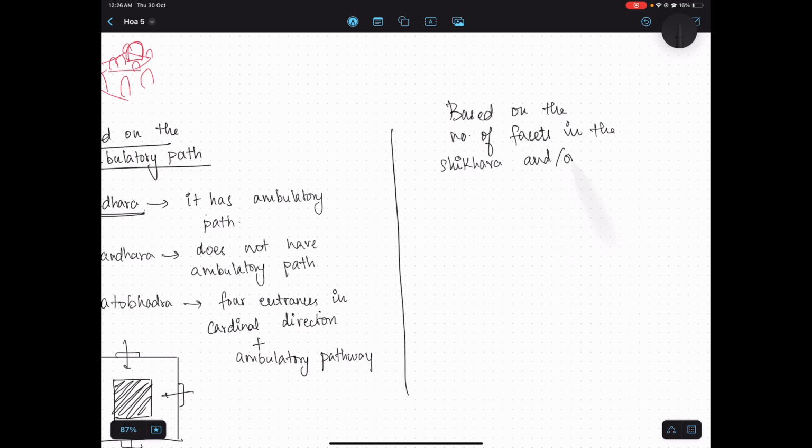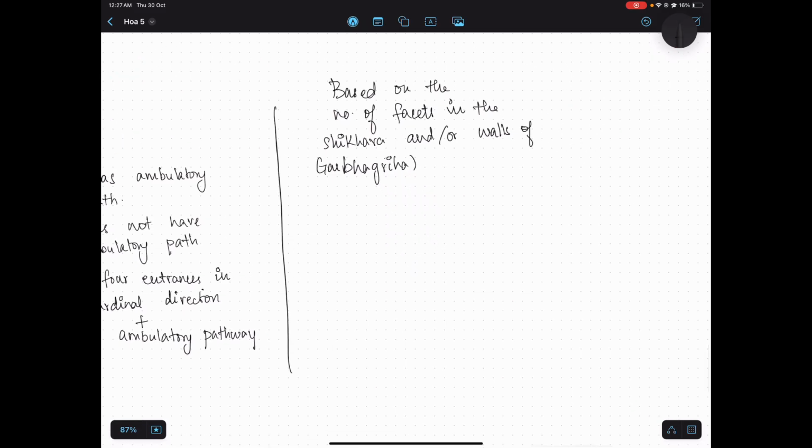What this means is, sometimes the shikara or even the wall are divided into parts. These are called facets. So if you have 3 facets on one surface, then it's 3 ratha.